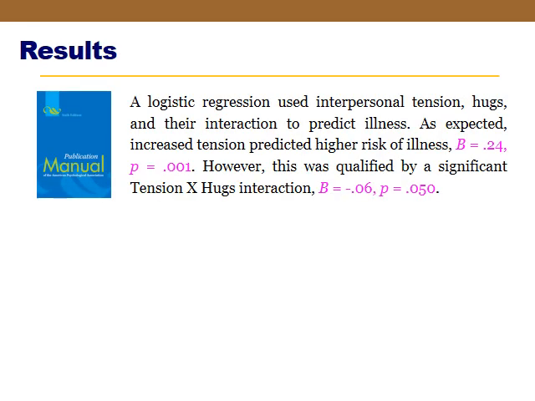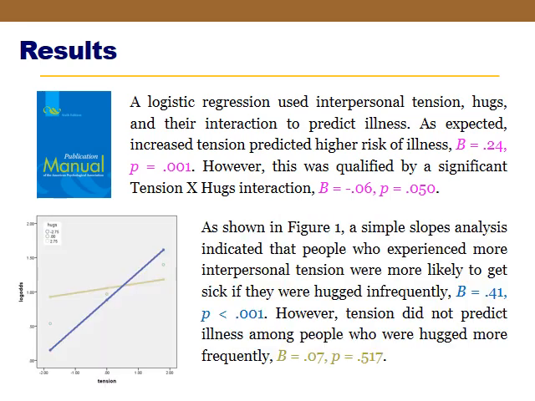Here are our results. So I talked about the main effect first, since I asked you to talk about that one. A logistic regression found that increased tension or stress predicted higher risk of illness, but that effect was qualified by a significant interaction between tension and hugs.